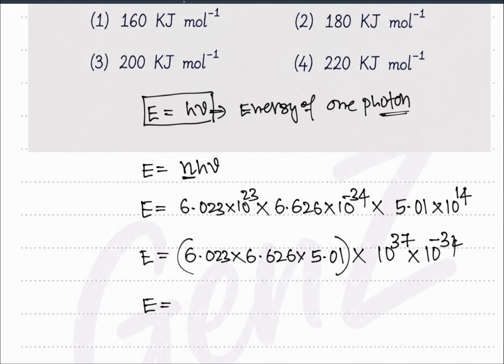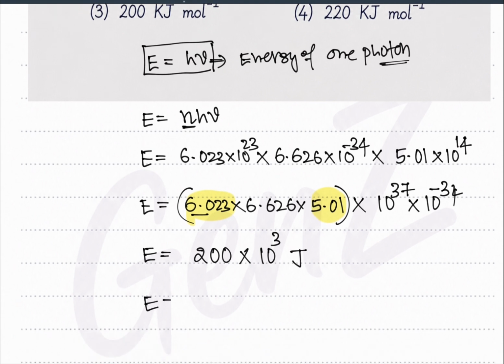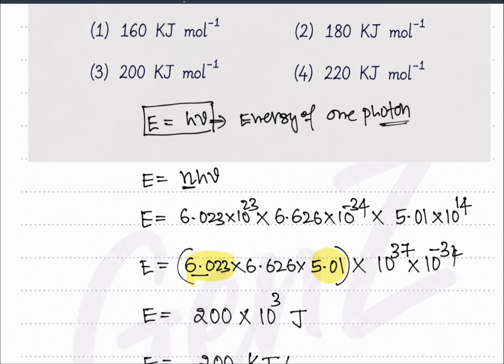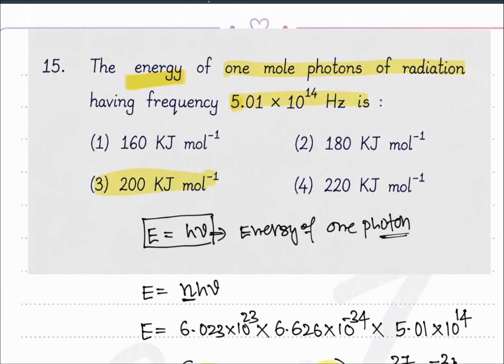So we know 6 fives are 30, and 30 into 6.6 is around 200. So I can say it is around 200 into 10 power 3 joules. This becomes 200 kilojoules, kilojoule per mole we can say. So option 3 is the correct option for this question.